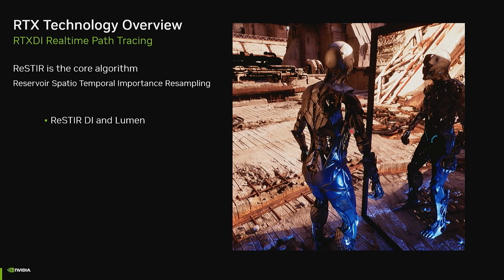This is ReSTIR DI, so the direct lighting from the sunlight is casting path traced shadows down here. That's nice, but we haven't modified the GI at all, so we're just using Lumen at this point with screen traces turned on.